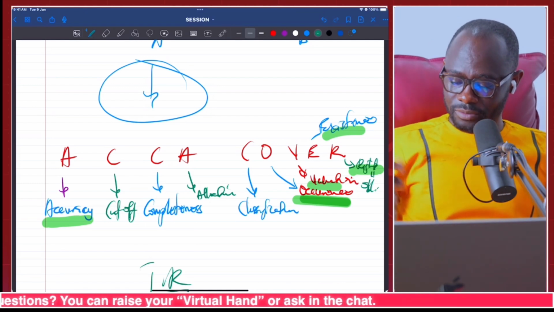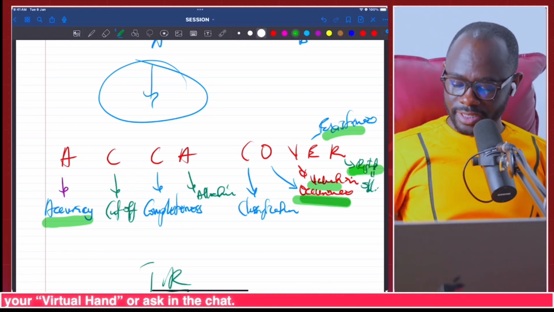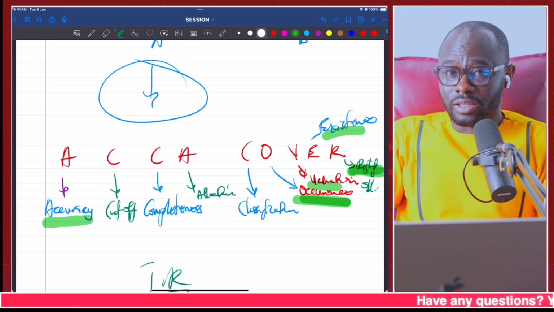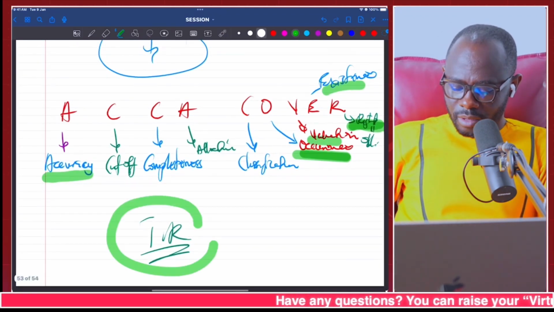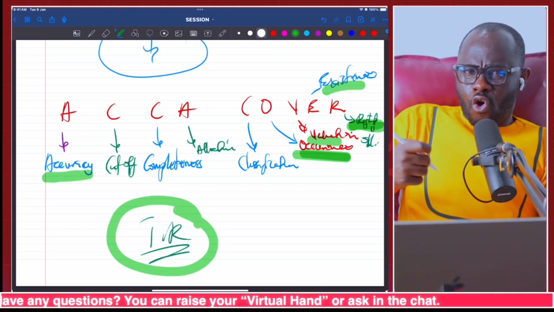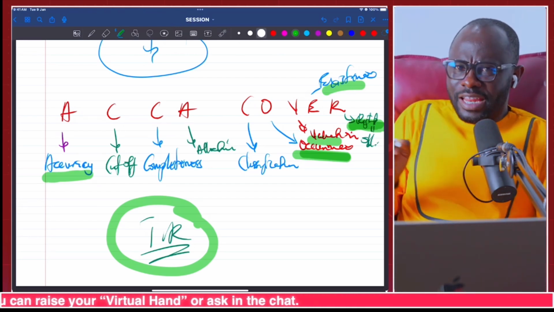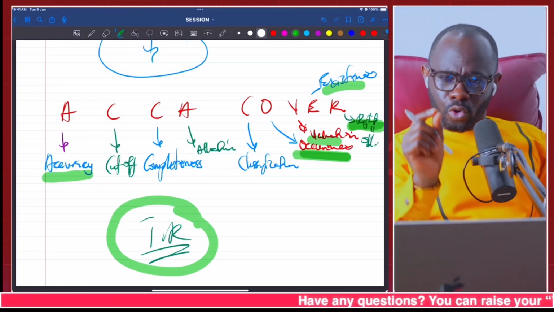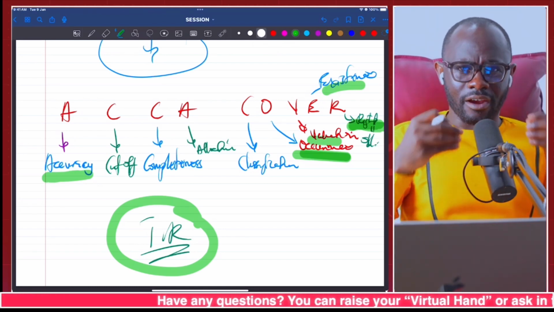And that also helps us to confirm rights, whether they truly owe the company or they don't owe the company. Because we could have trade receivables in the books, but maybe they don't owe the company, they owe the CEO or they owe the board chairman. So we are also looking at rights.